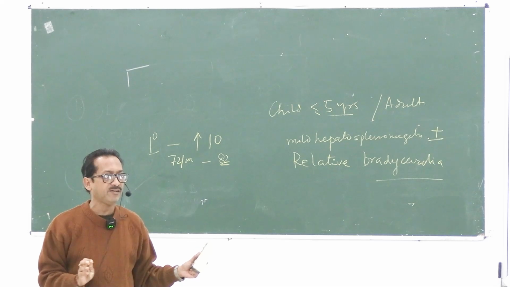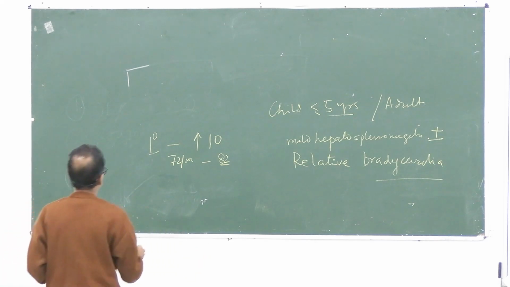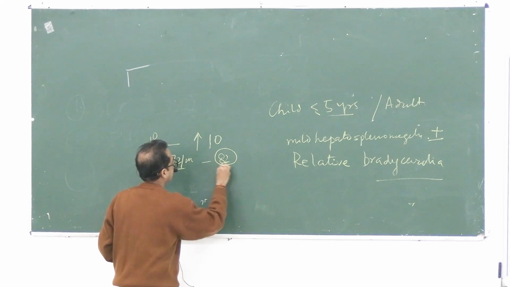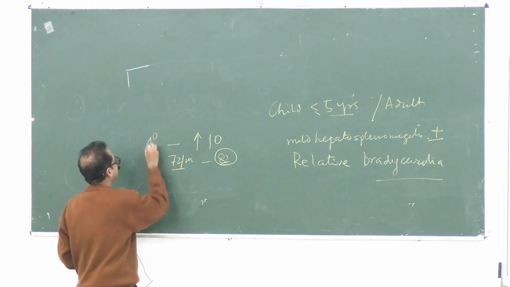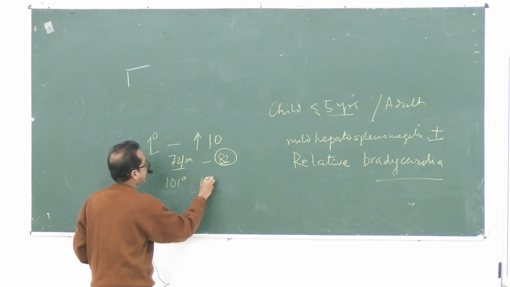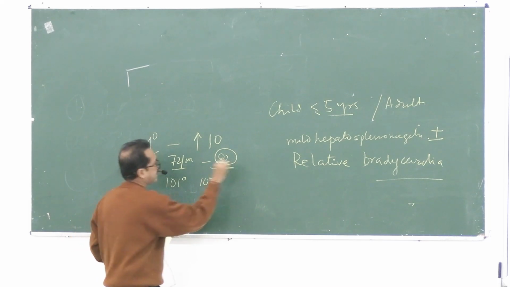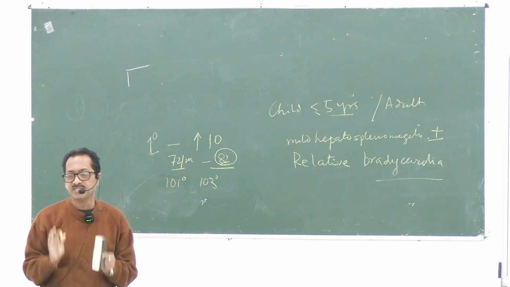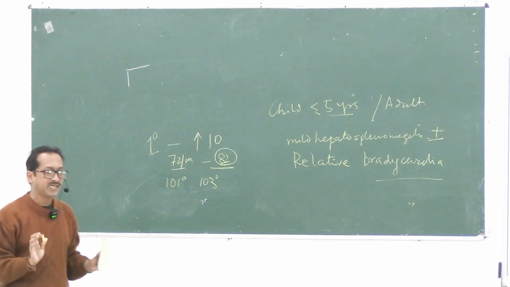But in typhoid, what happens? Even if the temperature rises to more than 101, 103, still the pulse rate does not rise by 10. That multiplication factor is not there. That is called relative bradycardia.